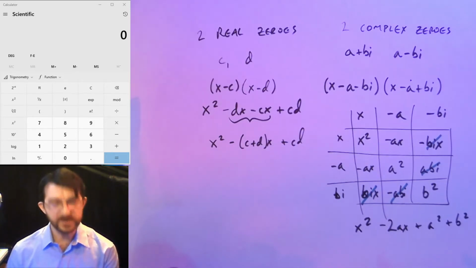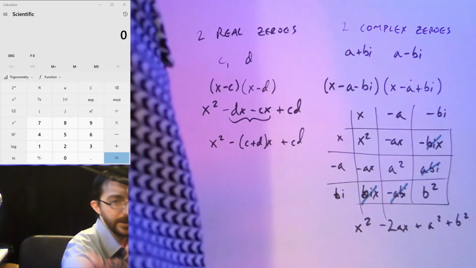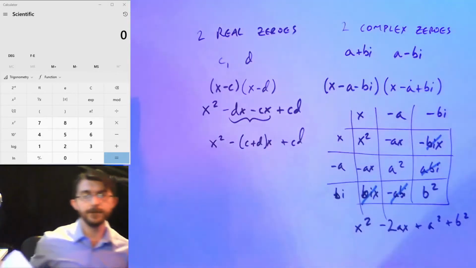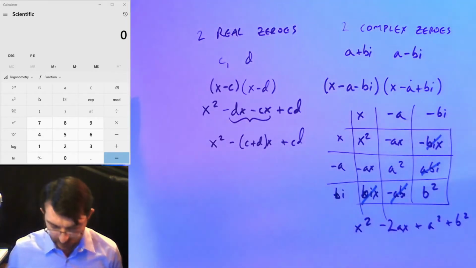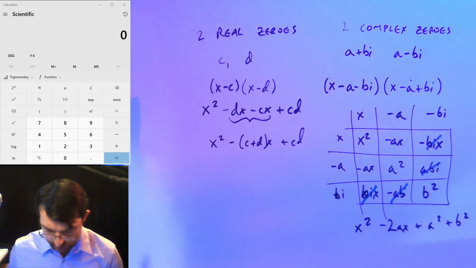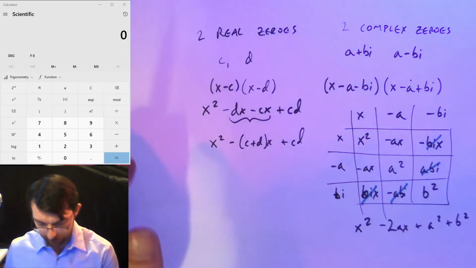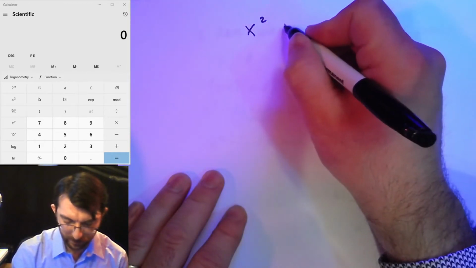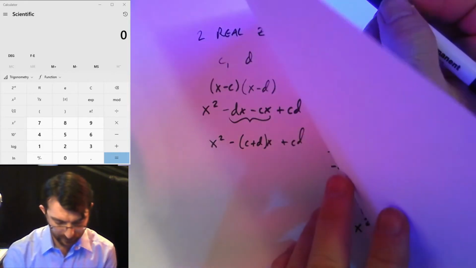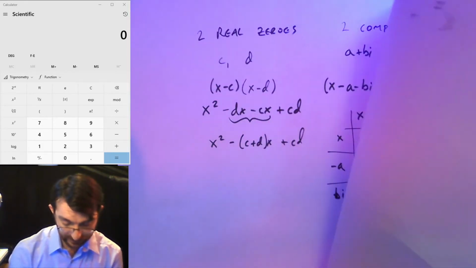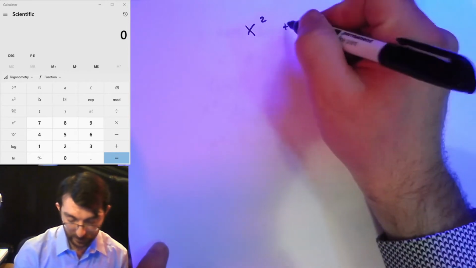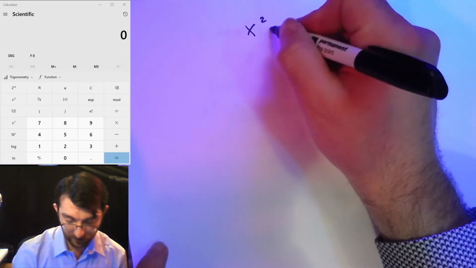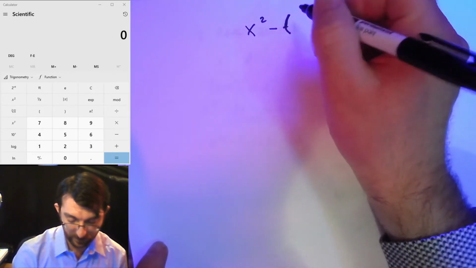Whew, this is gonna be ugly. All right, so I need a new chart for this one. So 3 across the top. X squared plus, that's plus, right? Oh, no. Minus. Minus, let's put that in the parentheses.